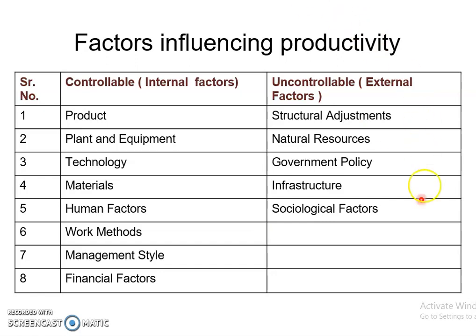Next come infrastructure availability and development, and sociological factors. This is important because customer demand is not in the hands of an organization. Now let us discuss these controllable factors one by one.